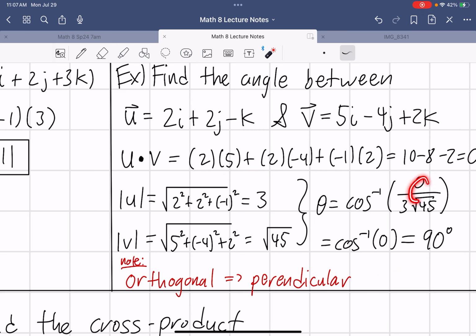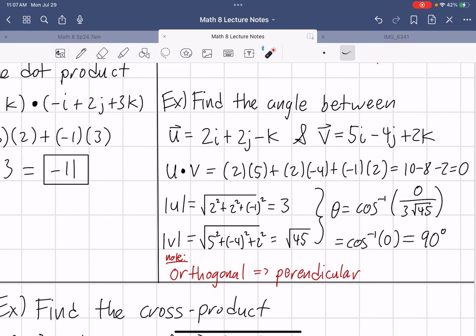Now, if we had another number, one thing to always check the moment you introduce inverses is if that number is in the domain of cosine inverse, which in this case it is, and then you can proceed to find the angle between. Here, you might need a calculator, but because it was 0, I didn't need one because I know exactly how to get 90 degrees.